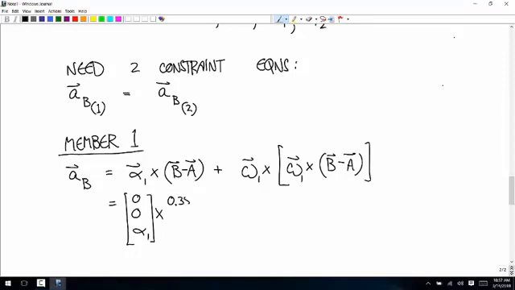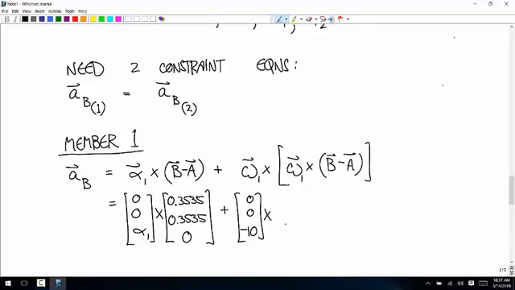Yeah, right. So I think it's 0.3535, 0.3535, 0. And then plus both of the bodies have angular velocities of 0, 0, negative 10. And again, the r vector is 0.3535, 0.3535.